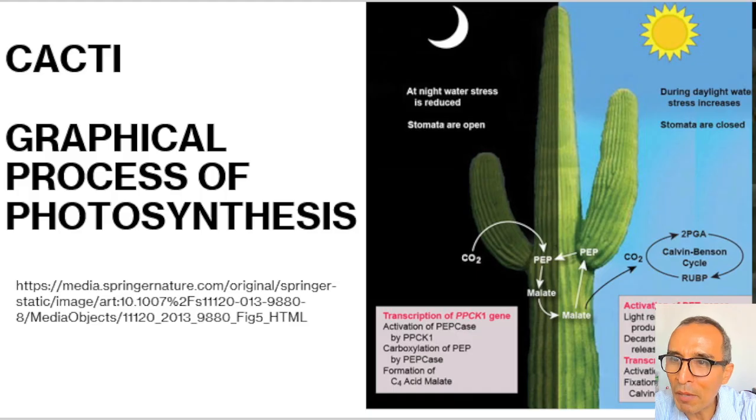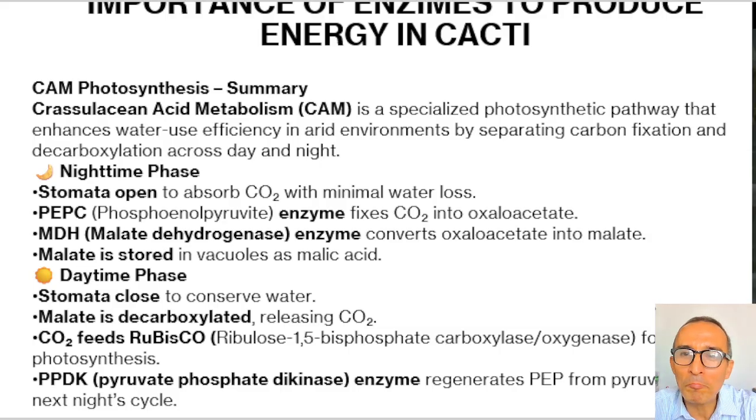When it happens in the day, the plant receives the water and the sunlight, and then continues the process of photosynthesis. Finally, during the day, the oxygen is liberated.